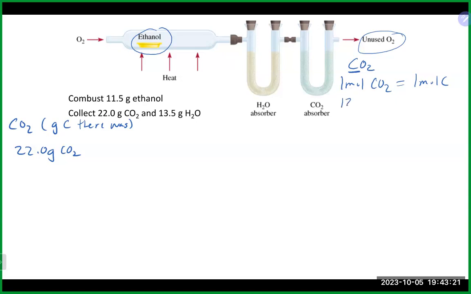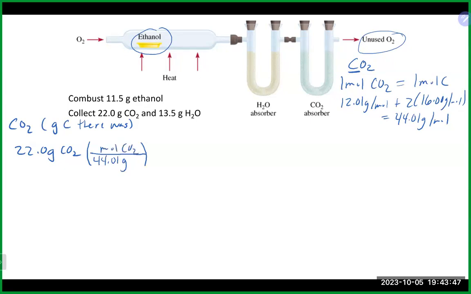So there's 12.01 grams of carbon plus 2 times 16 grams of oxygen. That's going to give us 44.01 grams per mole as the molar mass of CO2. We're going to use that as a conversion factor to go from grams of CO2 to moles. So 44.01 grams per mole of CO2.